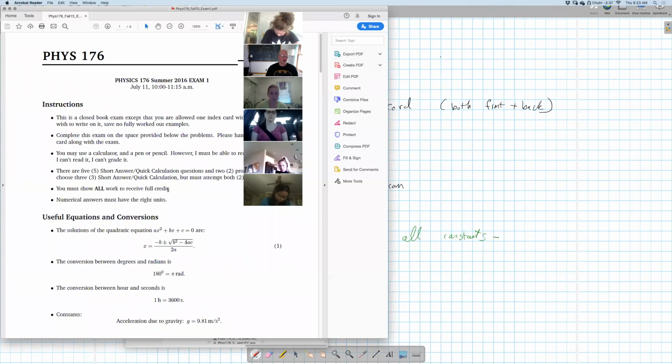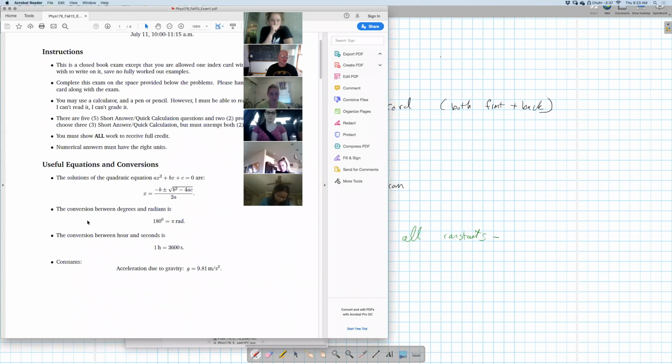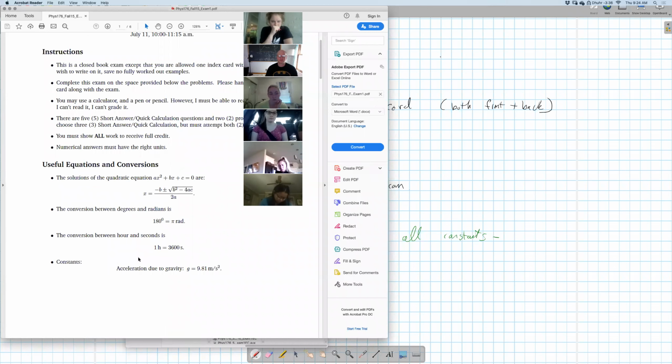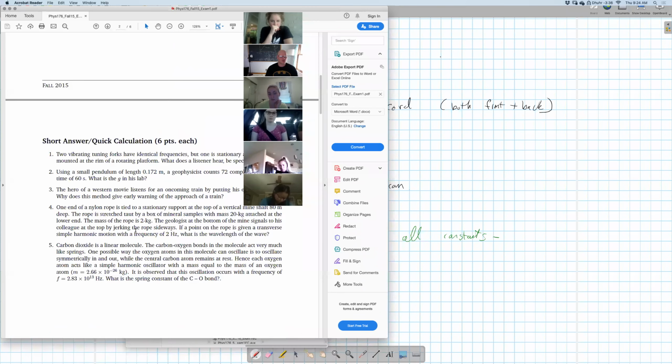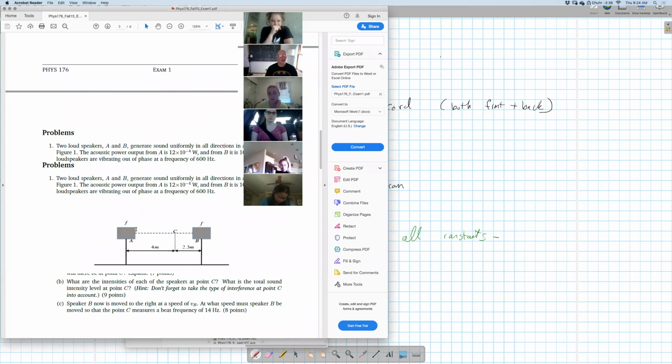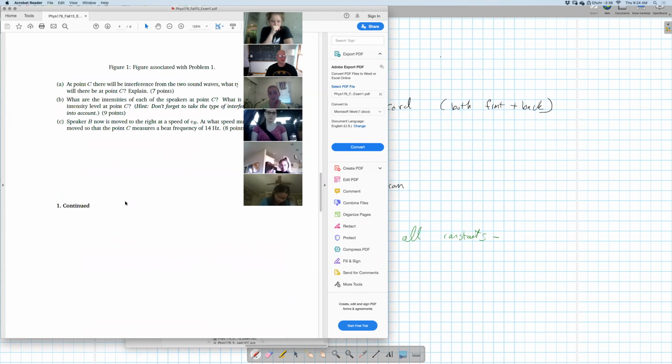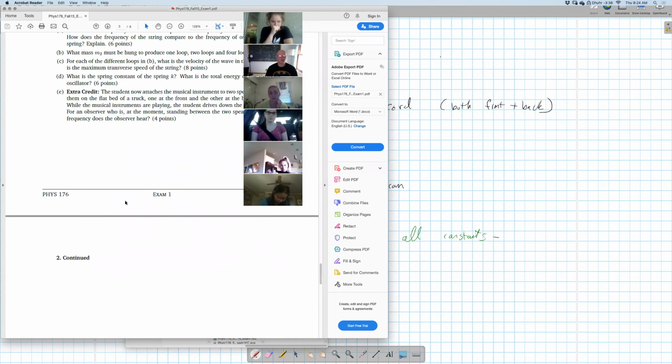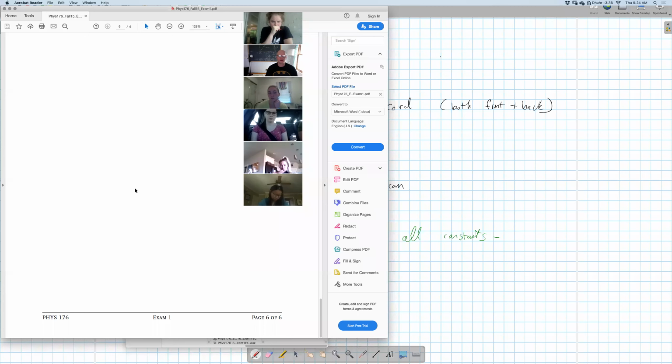So again, you'll have all your instructions, and then basically on the first page, you'll find some useful equations, conservation, in this case, conversions, constants, everything will be contained right on the first page. Okay. And then after that, second page, this is all the short answer questions, and then your long problems. So the long problem, second long problem, and then some sort of extra credit at the end.